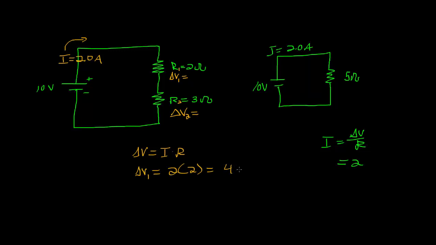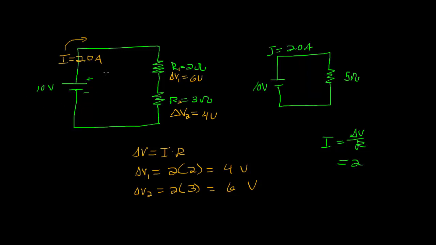So I get 4 volts. And potential difference 2 is going to be 2 times 3, so I get 6 volts. So here it drops 6 volts, and here it drops 4 volts, leaving me with 0 volts coming back in. You always want to check it, so you make sure that these add up to be that.